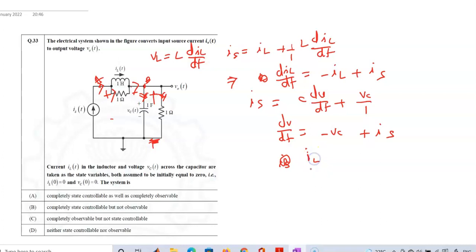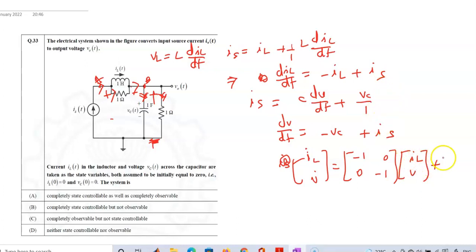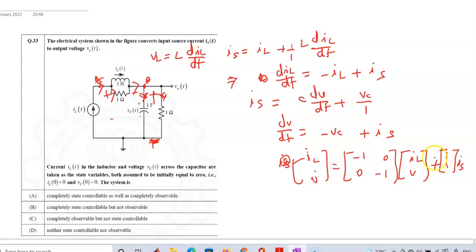So you have the IL derivative and the VC derivative. Here we have IL, so minus 1, 0, and here minus VC, so 0, minus 1, times IL, VC, plus, in both equations you have IS, so 1, 1, times IS. This is the state equation.